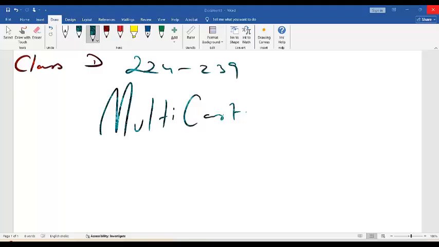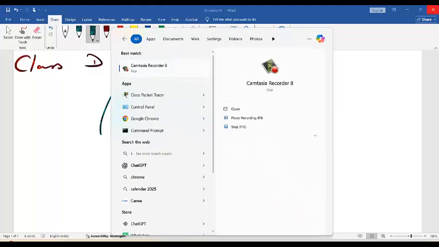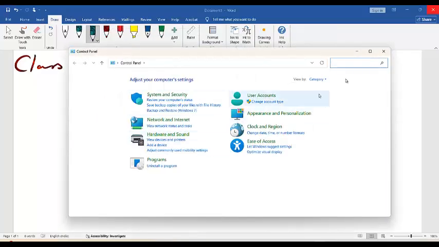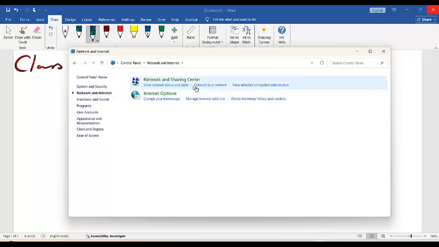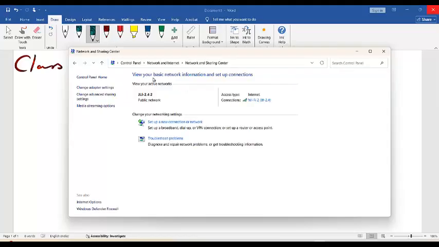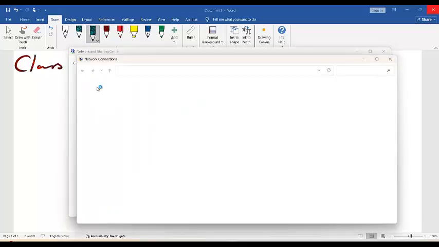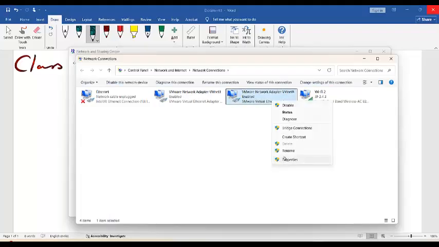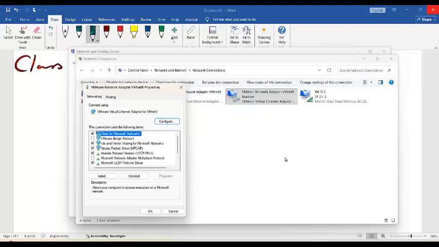I'll go to the control panel. So see what happens when I try giving an IP address beginning with 223 and above.